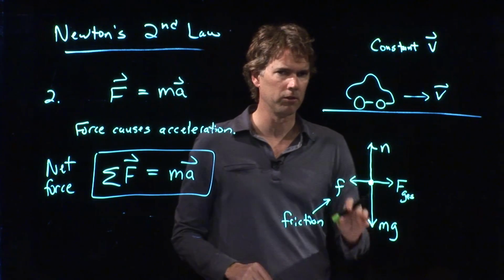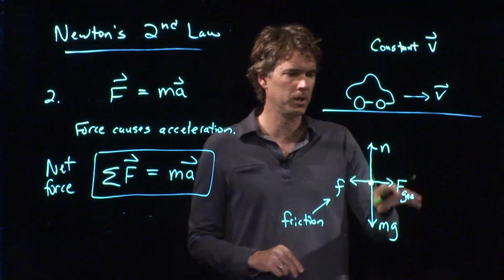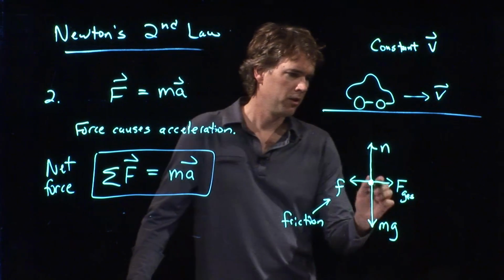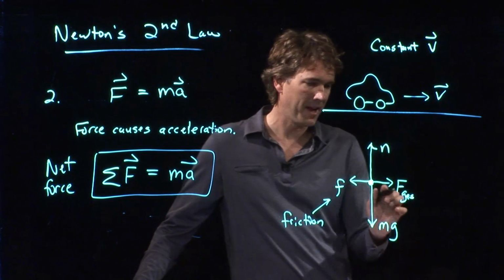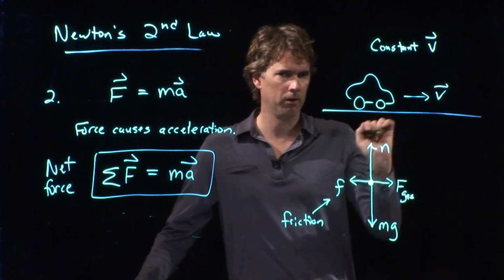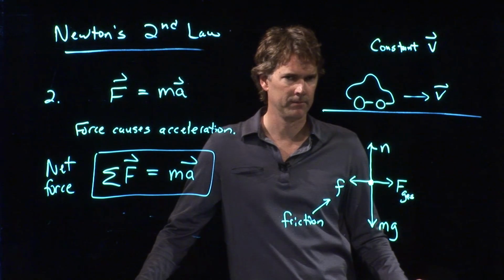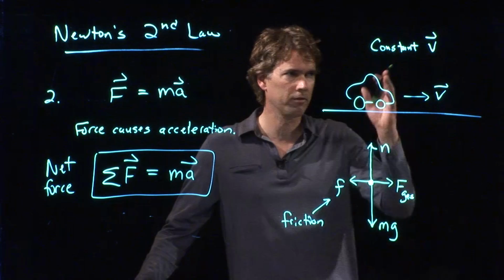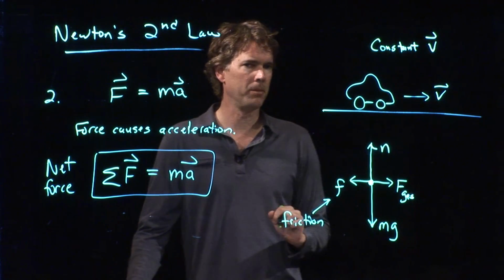All of that goes into some forward force, which keeps us moving. Should that be the same length as the friction or bigger than the friction? The same, because the velocity is constant. Because the velocity is constant, that had better be the same.